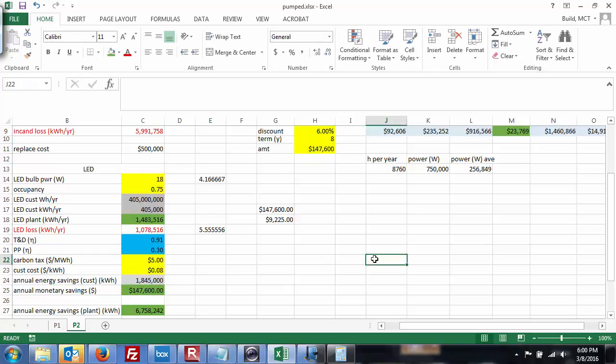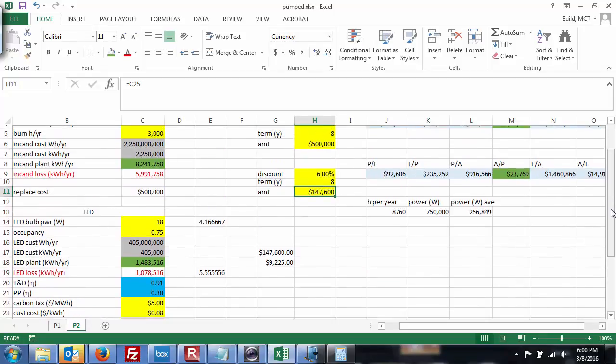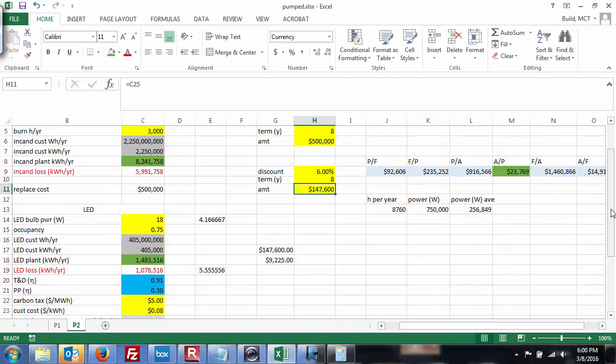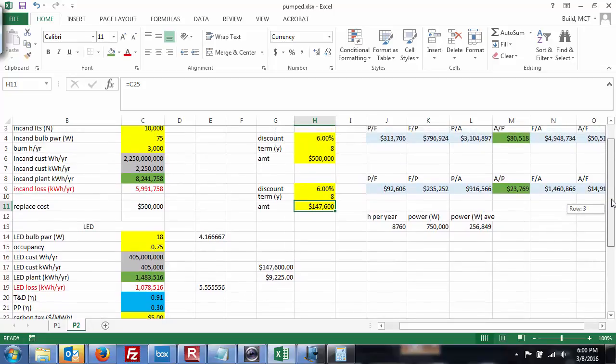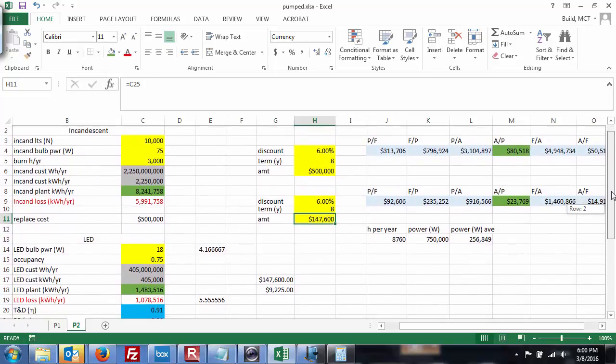That's basically, this is the annuity. The annuity would be the 23,769.